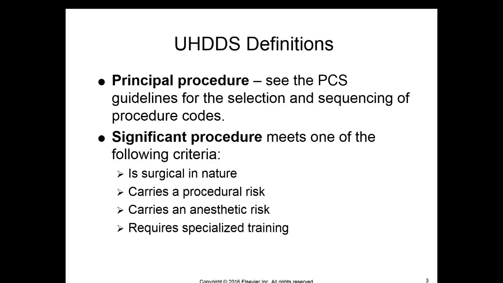Sometimes, for instance, if a procedure is done at bedside, you may find that the documentation for that procedure is in a progress note. However, usually the consent will be obtained, and sometimes you won't find an operative report, but you'll find a consent, and that's kind of your clue that maybe a procedure was done.